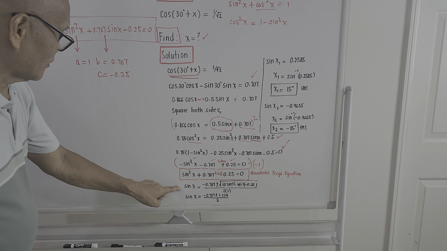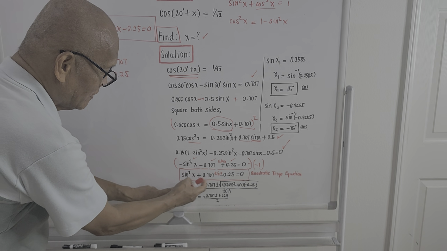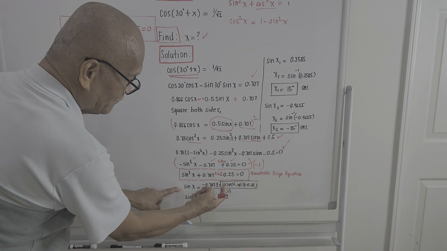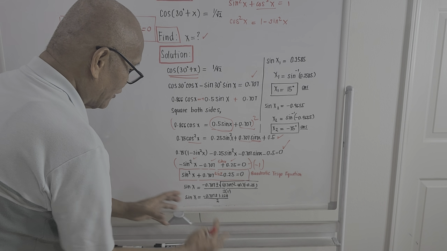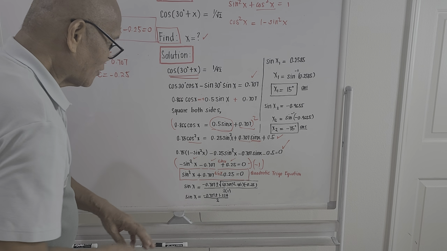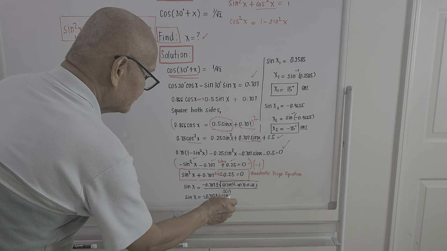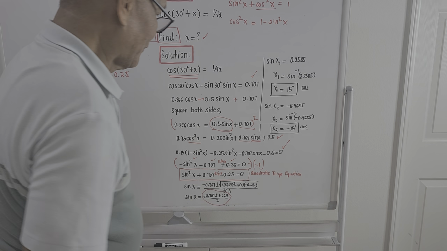Sine of x will be by using the quadratic formula. This is negative b plus or minus the square root of b squared minus 4ac all over 2a. And if we try to put values, sine of x will be equal to this value here. There are two values of sine of x.